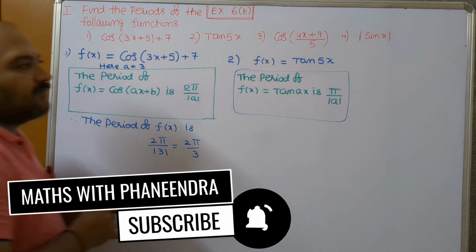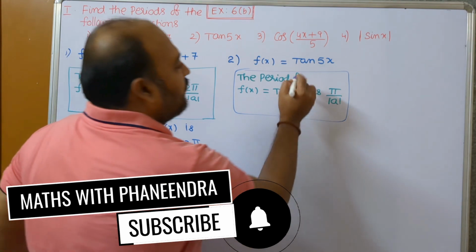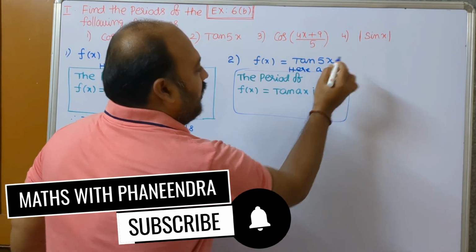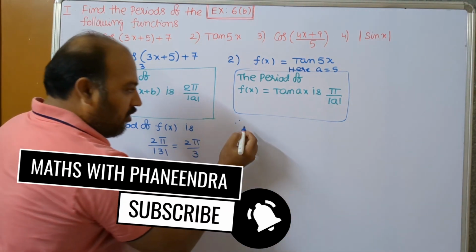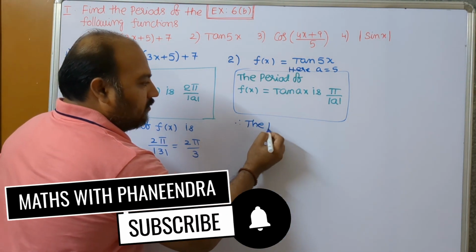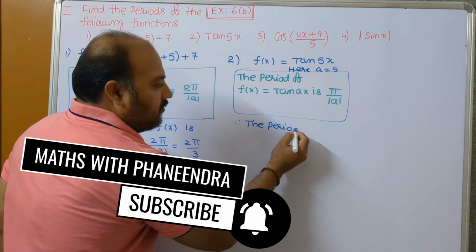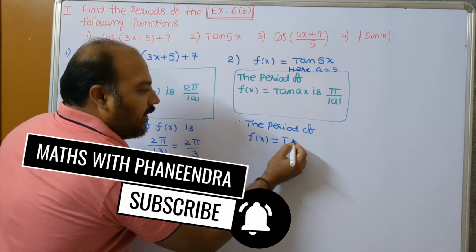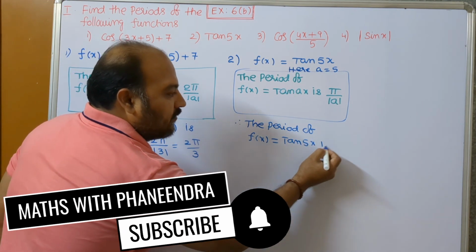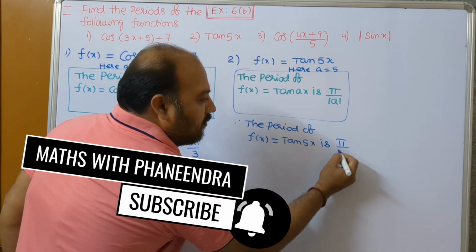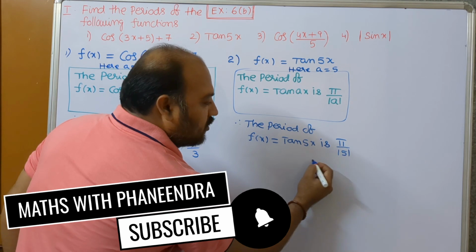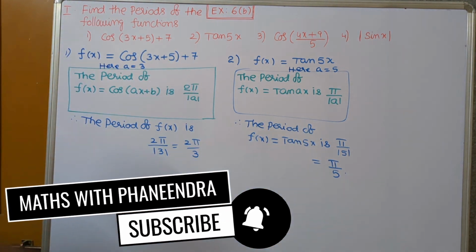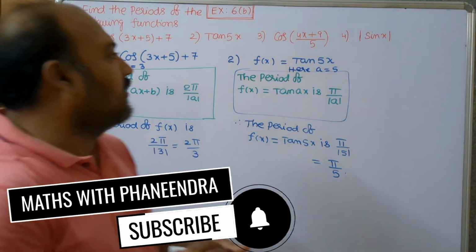So in place of a, according to the function, what is the value of a? A is equal to 5. Therefore, the period of f of x is equal to tan 5x is pi by mod 5, that is equal to pi by 5. That's the answer. We'll move on to question number 3.